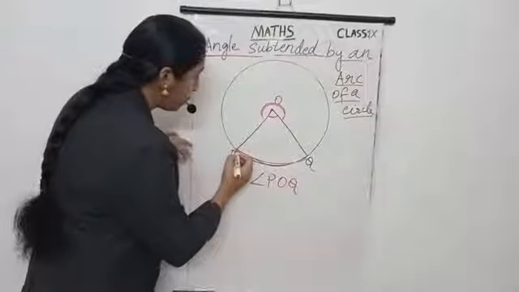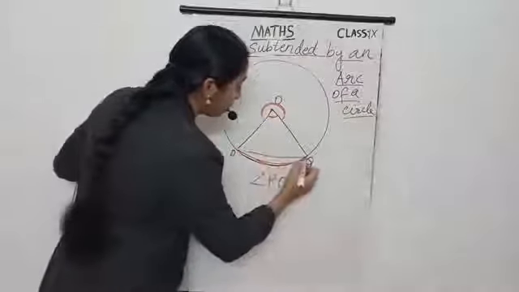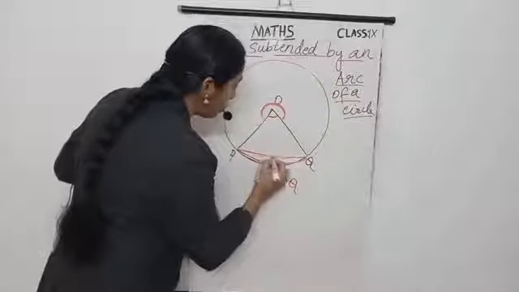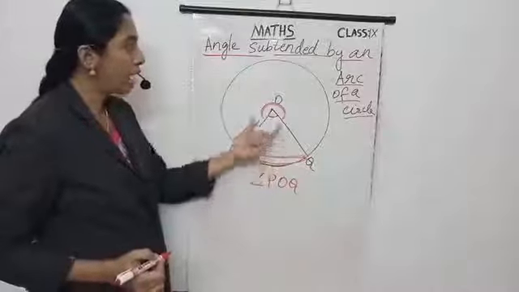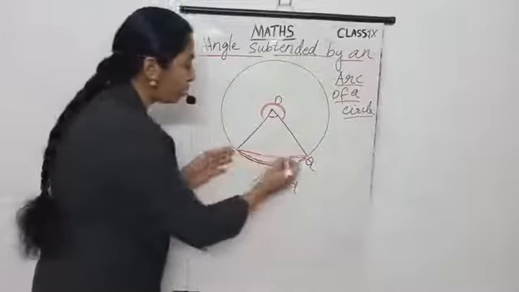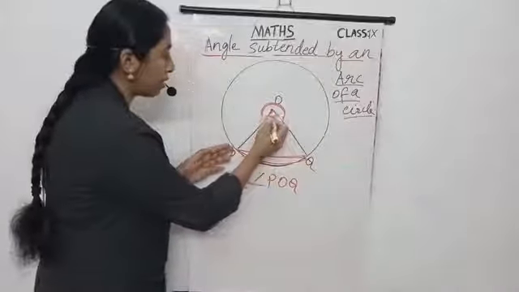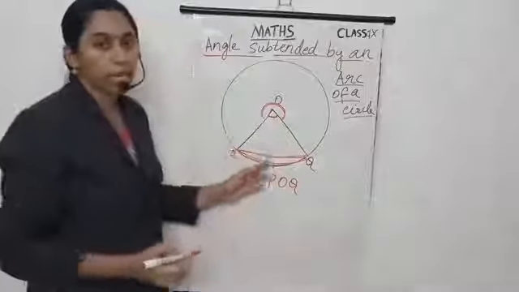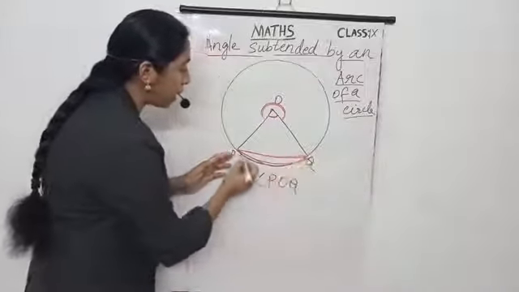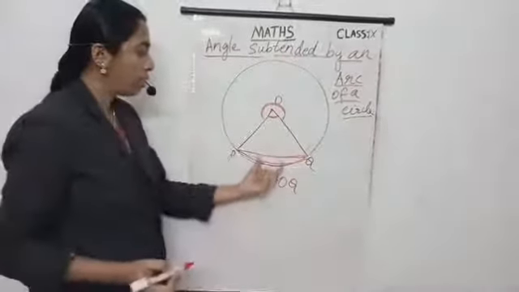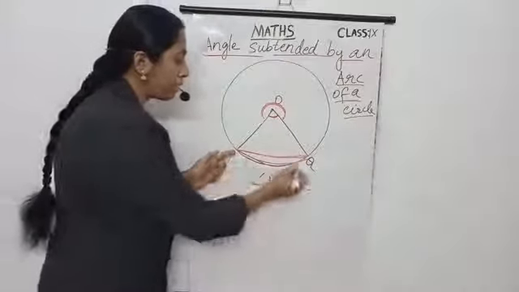Now consider PQ is a chord. Join this. PQ is a chord. Then we can say that the angle subtended by this chord at the center is equal to the angle subtended by this minor arc at the center. Minor arc means this arc.